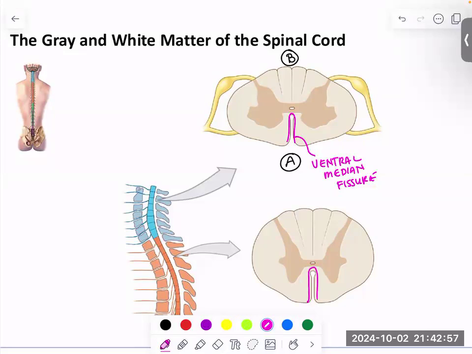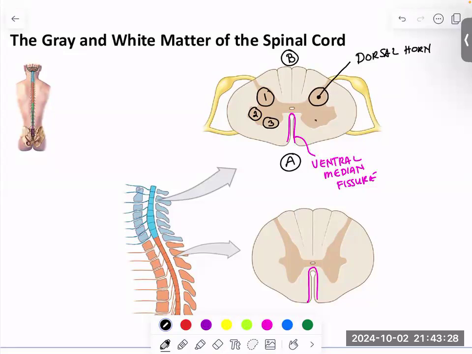Because for the gray matter, you have to identify the 3 different regions. 1, 2, 3. The 3 different regions of the gray matter. Number 1 is on the dorsal side. That is called the dorsal horn.